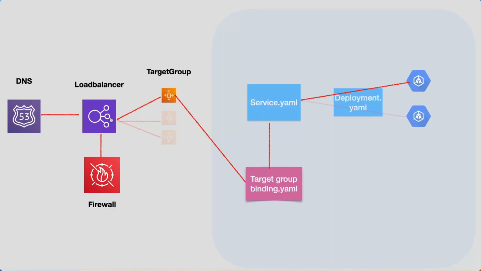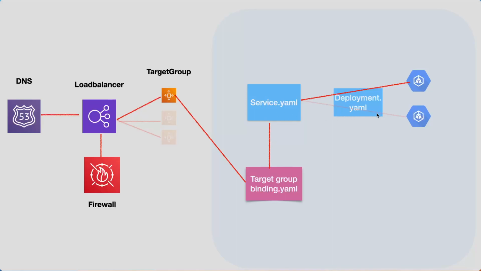If it's okay, it goes to the load balancer, and then to the target group binding. Now it's connected to our node port in the EKS. So it connects to this target group binding, and this target group binding, if you check it locally, is working.